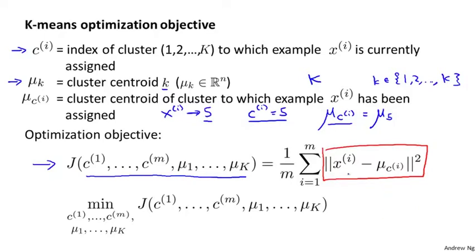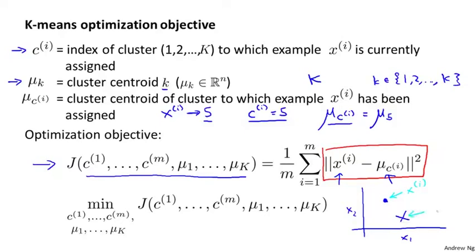So let me just explain this. Here's the location of training example xi, and here's the location of the cluster centroid to which example xi has been assigned. To explain this in pictures, if here's x1, x2, and if a point here is my example xi, and if xi has been assigned to some cluster centroid, I'm going to denote my cluster centroid with a cross.